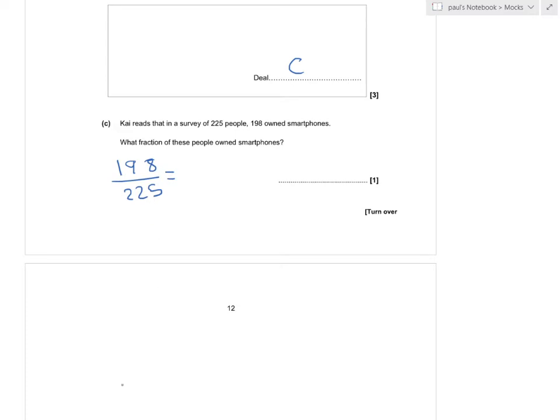Let's see, 8, 9. Does 9 go into those? 198 divided by 9 equals 22. 225 divided by 9 equals 25. Yeah, so divide by 9. 22 over 25.